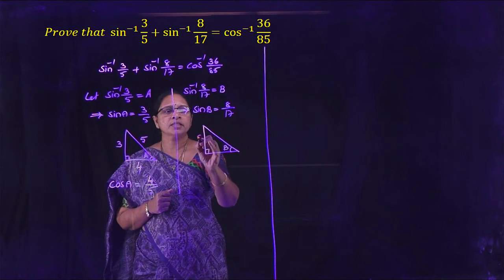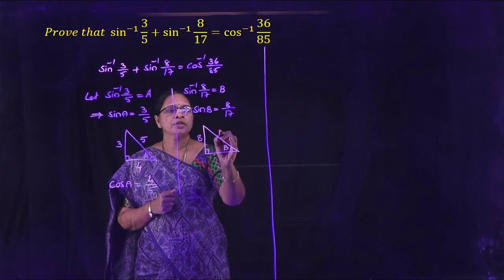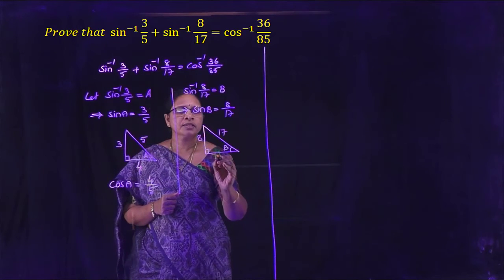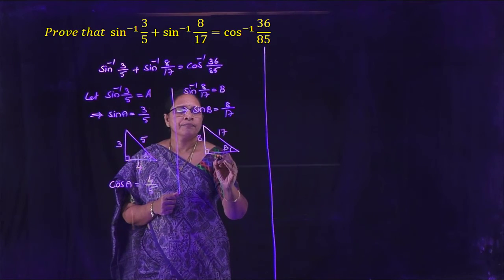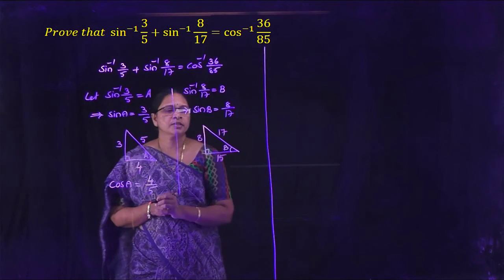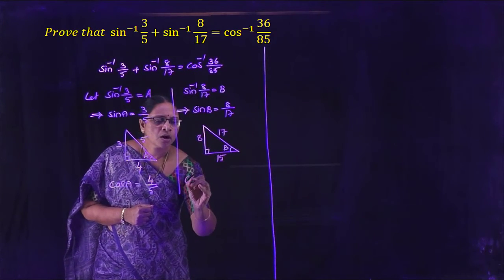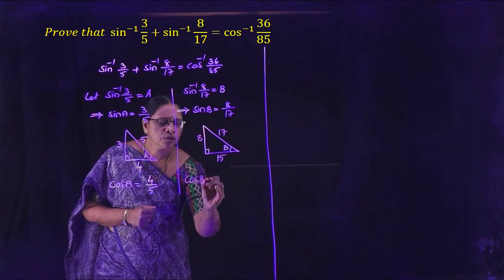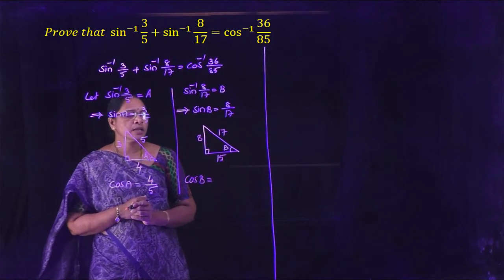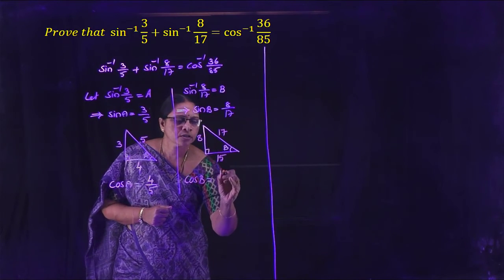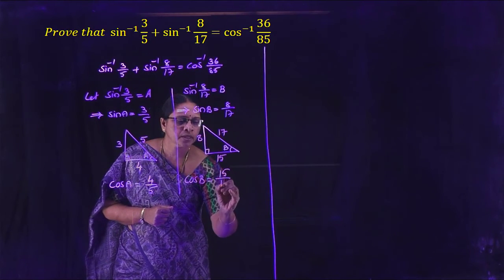Here opposite side is 8, hypotenuse is 17. We can find the adjacent side is 15. We can find cos B. We know that in a right angled triangle, cos B is adjacent side by hypotenuse, that is 15 by 17.